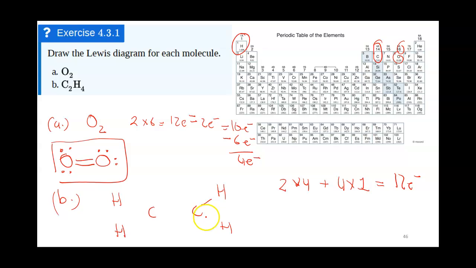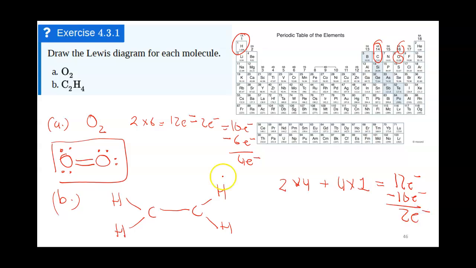That gives me 12 electrons. We're going to connect everything together with single bonds, and so we've used 2, 4, 6, 8, 10. So take away 10 electrons, and that leaves us with 2 electrons remaining.